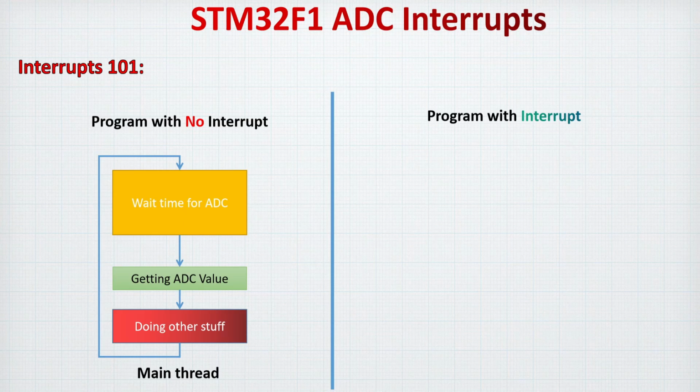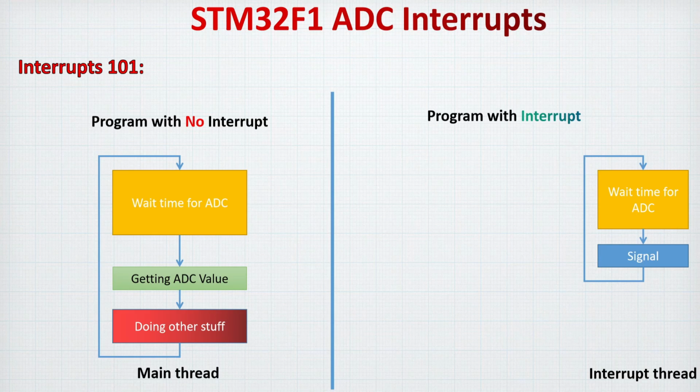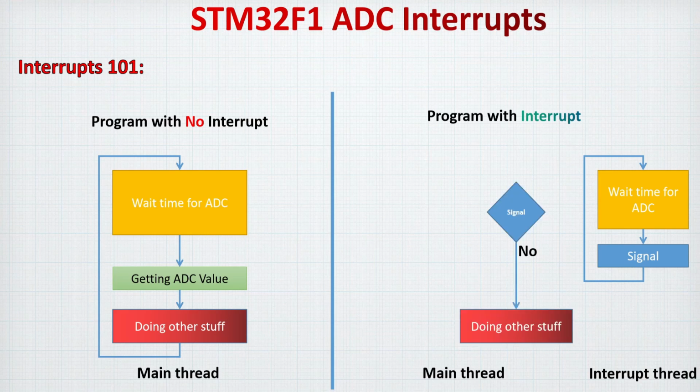waiting. And then if we go to the other one, in the interrupt mode, there is the interrupt thread that will be waiting for the ADC, waiting until the ADC gets the data, and will generate a signal. This signal we are then going to use in the main thread, and each time we check, if there is no signal, we just do other stuff.